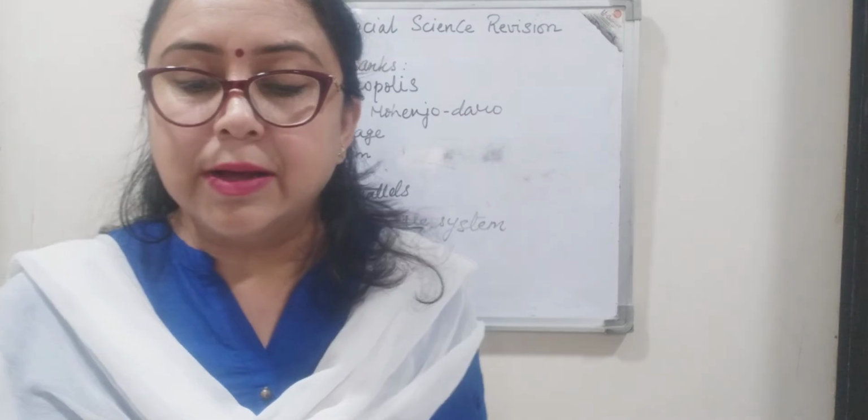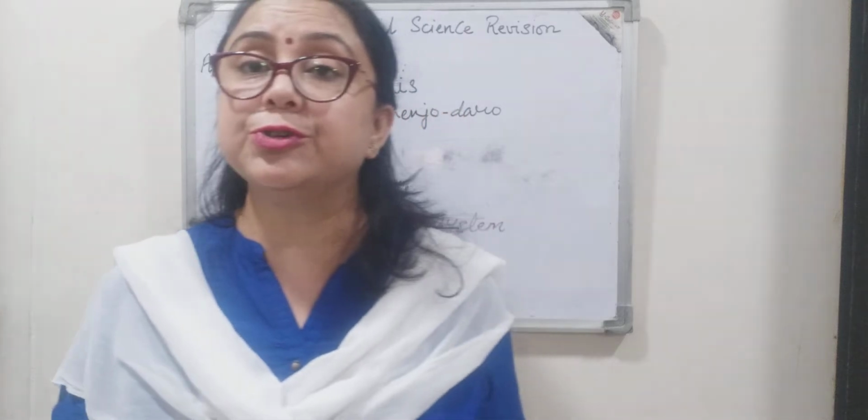Then coming to the answers in detail. What is a civilization? Why did most civilizations develop along the river? So in the previous video, I have explained to you in detail, thoroughly, what is a civilization.